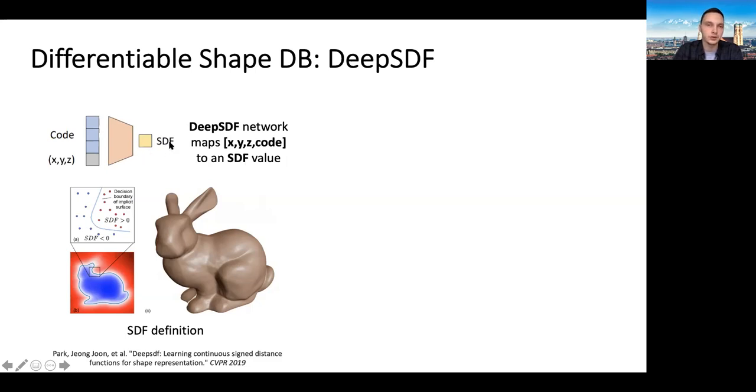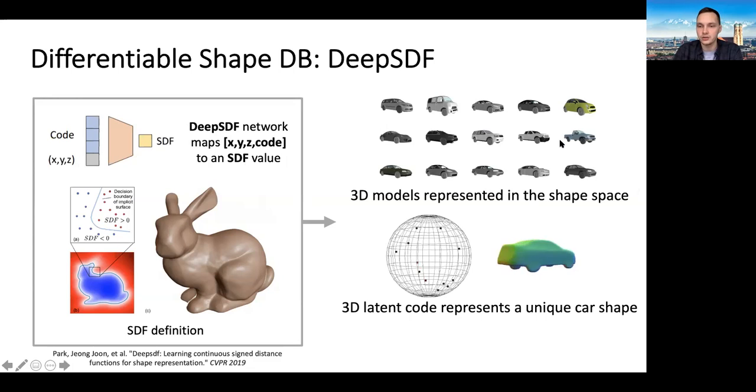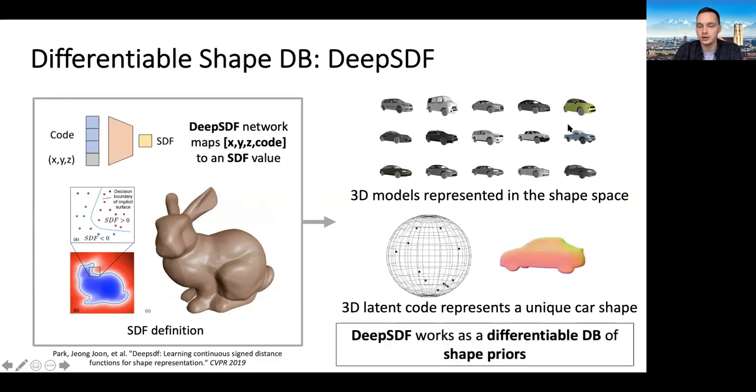It's either a positive or a negative distance to the closest surface. You can feed a lot of sample points to this network, get a lot of values, and then reconstruct the object. The coolest thing is that it allows you to remember a lot of different shapes within one network. It can remember, for our case, all the shapes you can see here, and you can remember much more if you want.